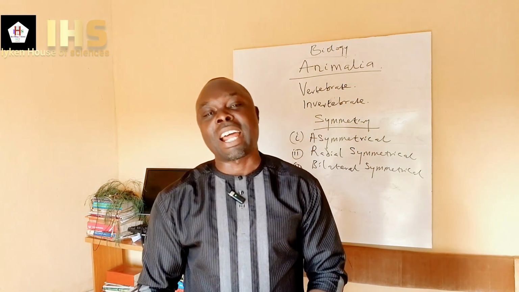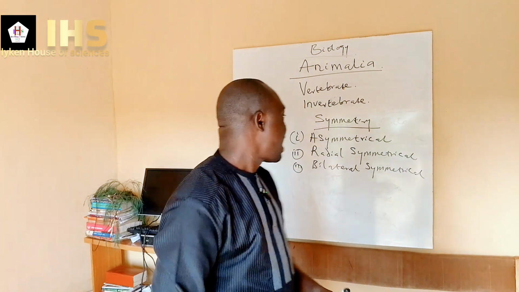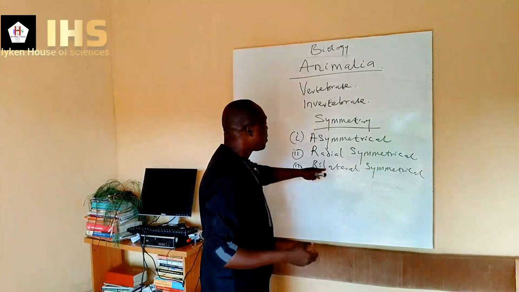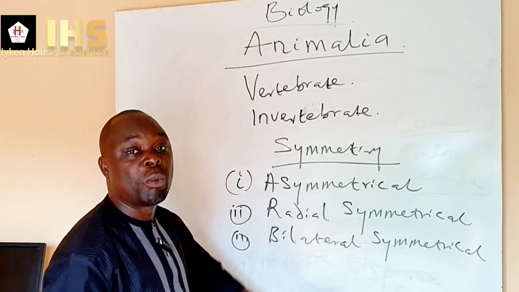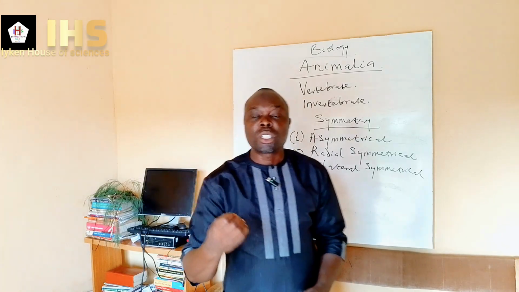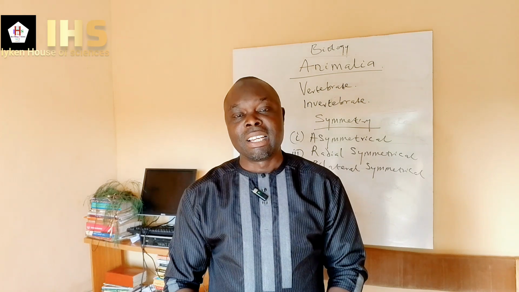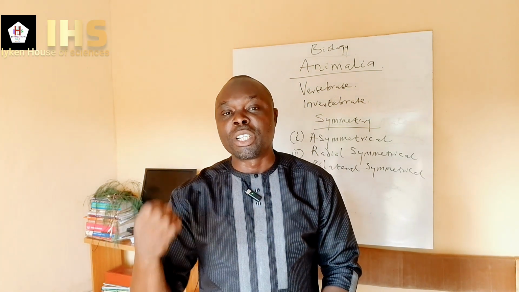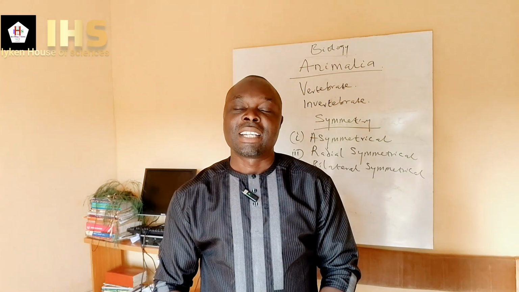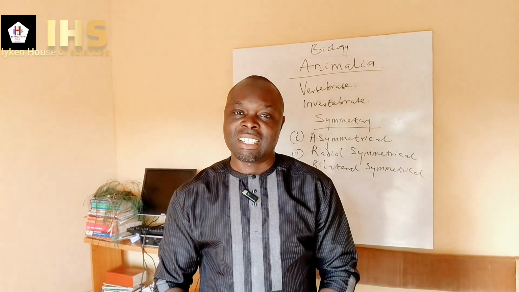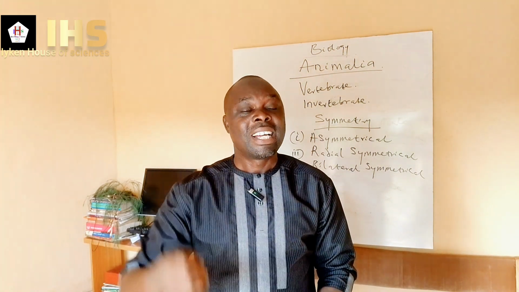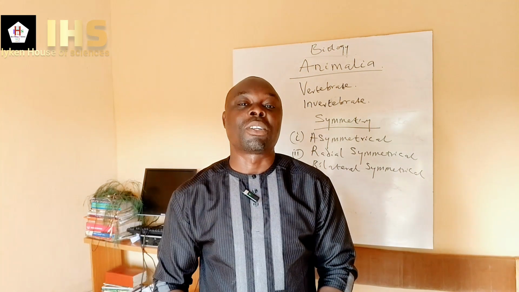Example here is Hydra. They are called radial symmetrical animal, just like the spoke, just as the way the spoke appear from the wheel of bicycle or the wheel of motorbike. That's how their body parts radiate.